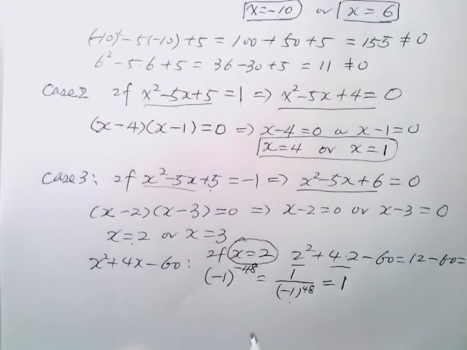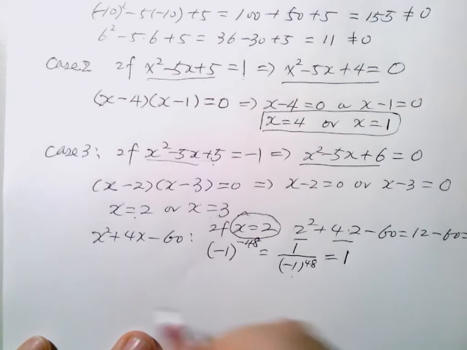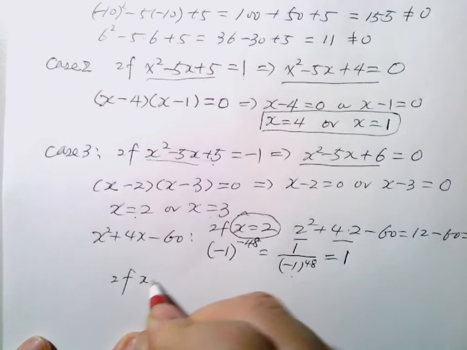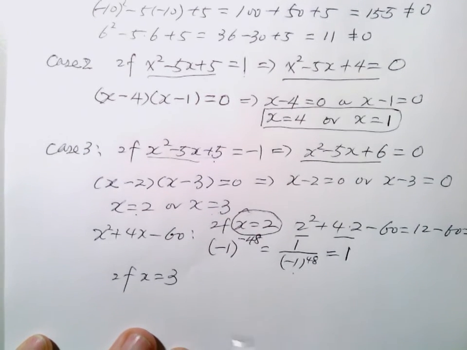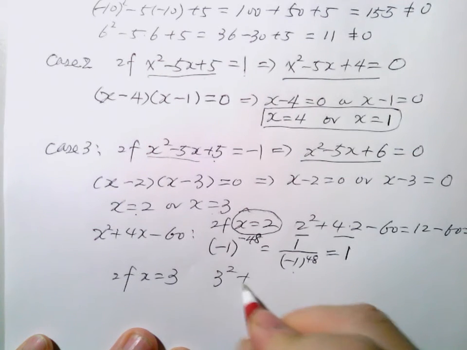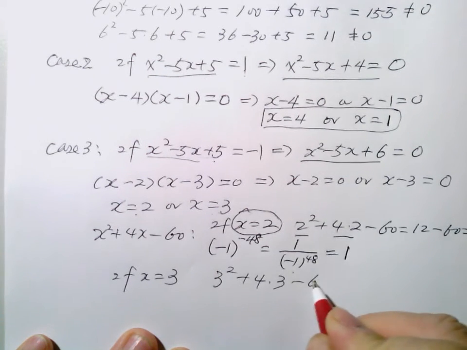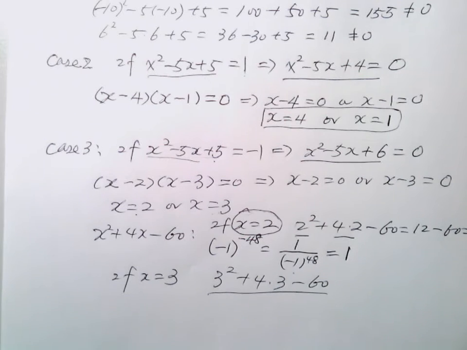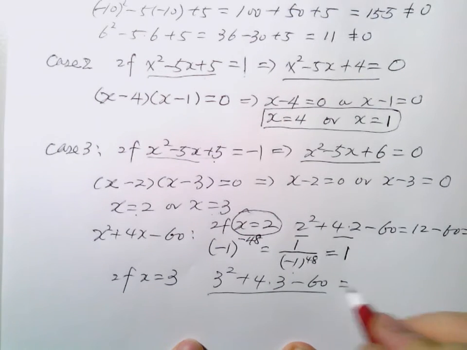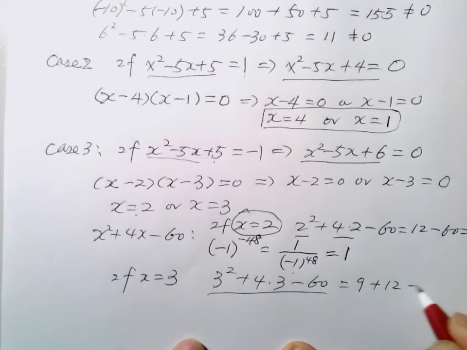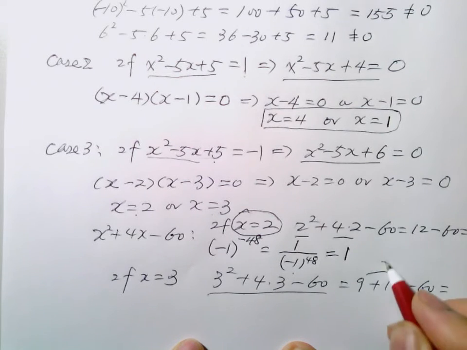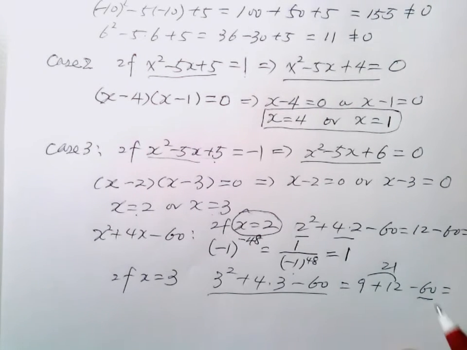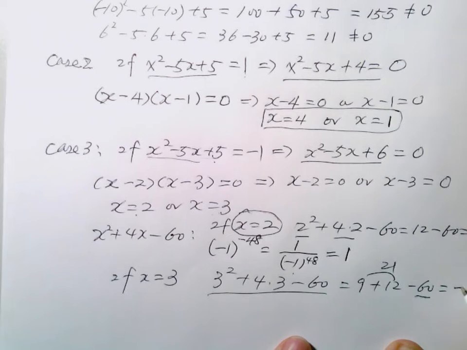If x equals 3, you have 3 squared plus 4 times 3 minus 60. That's the exponent, and that gives us 9 plus 12 minus 60. This is 21, and 21 minus 60 is negative 39.